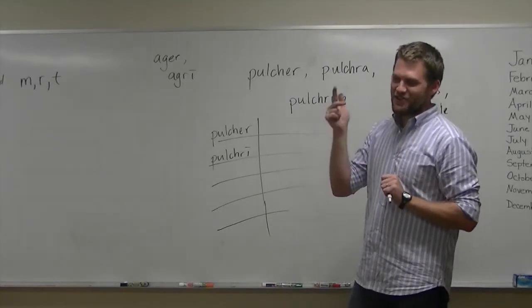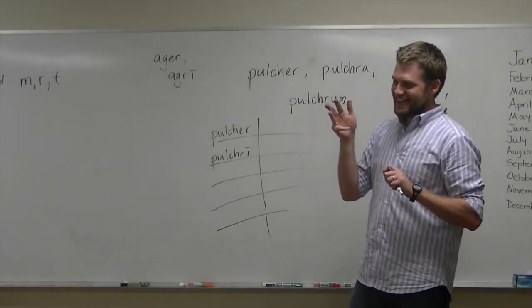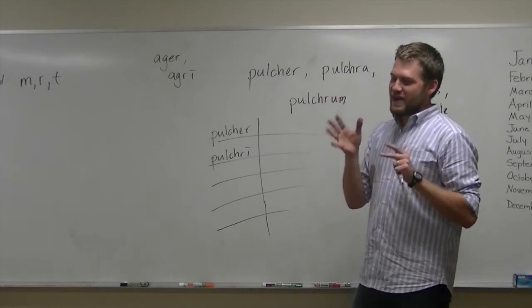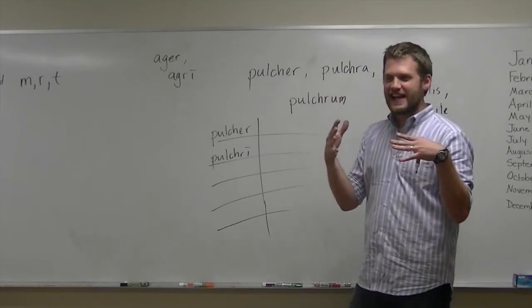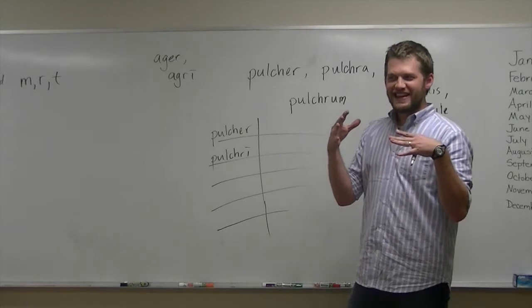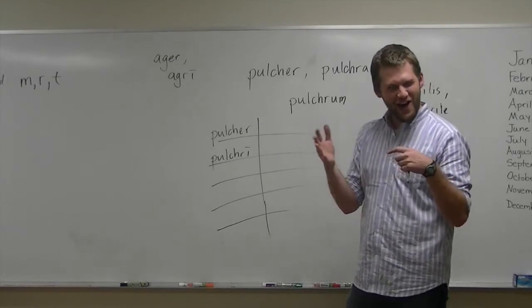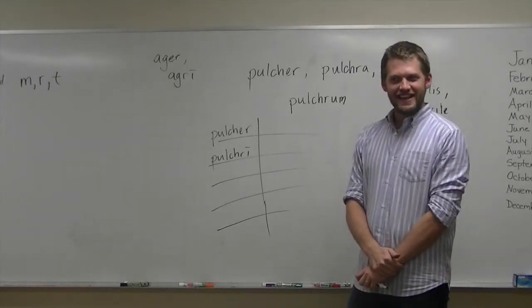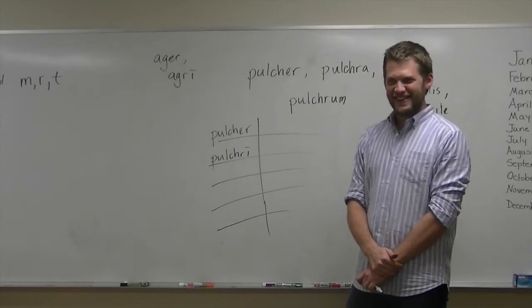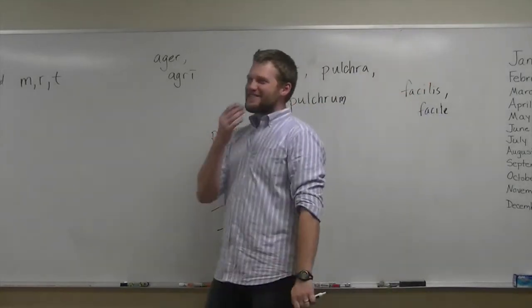So you have dic, duc, fer, and fac. And the funny thing is, when they learn that, you can just see in the class that there's a mixture of kids who know what that's about and who don't. And so you'll have some kids like, what just happened?